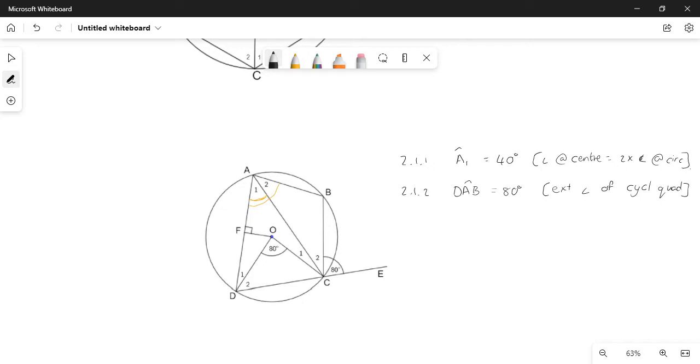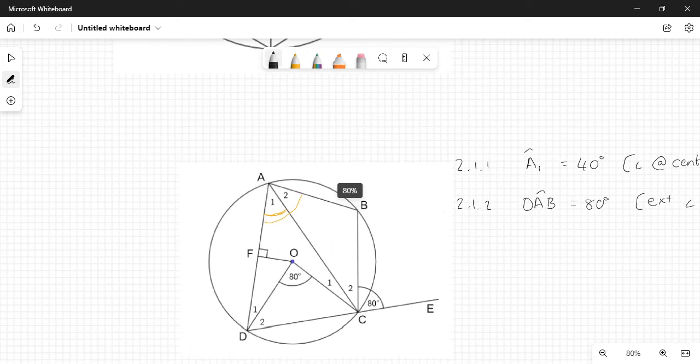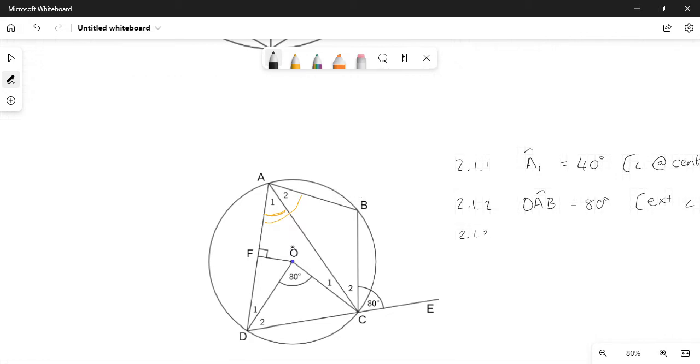They didn't ask me that. Oh, they do ask me that. So en sien julle, hy tel net 1 punt. That one only counts 1 mark because you don't have a reason for that. If you know that the one is 40 and that the whole angle is 80, then obviously, so there's no reason for that. 40 plus 40 is 80.